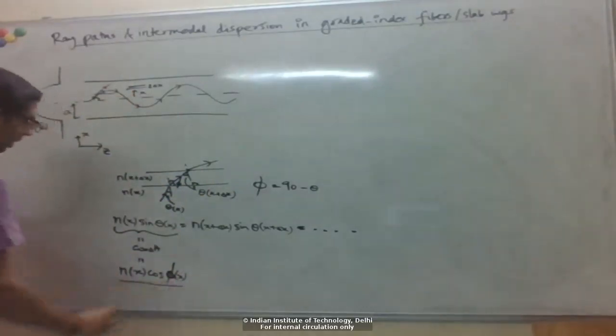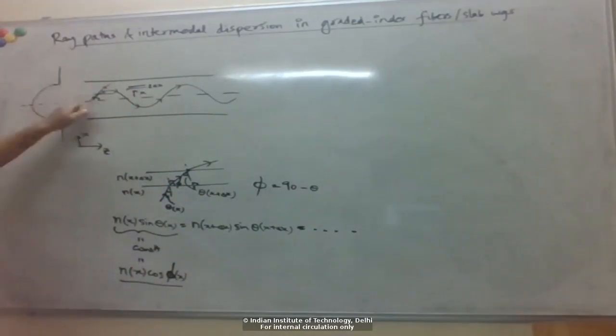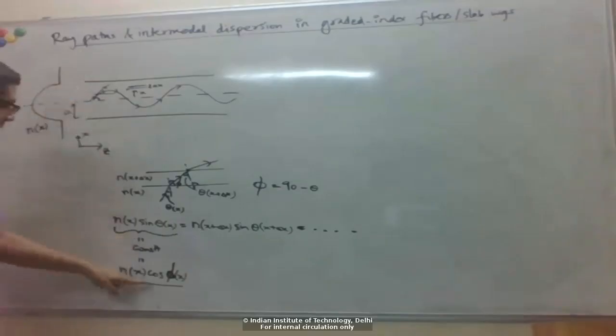Okay, so this quantity is a constant. So the refractive index at any transverse coordinate away from the axis, times the cosine of the angle that the ray makes with the propagation axis, is a constant.